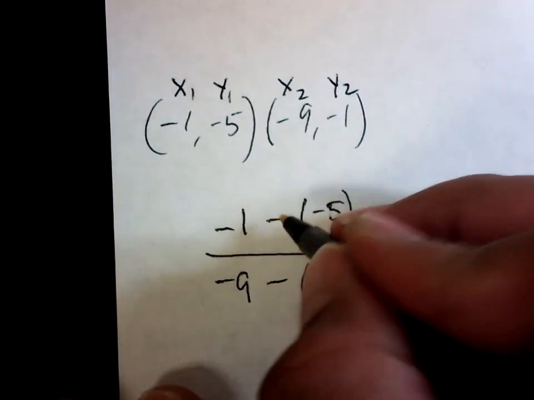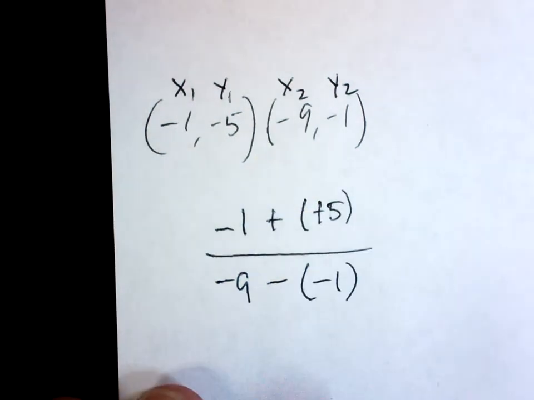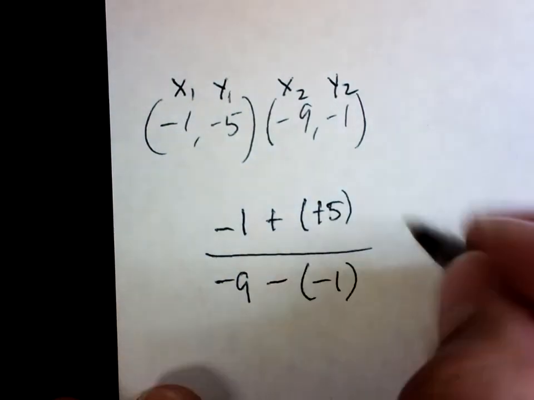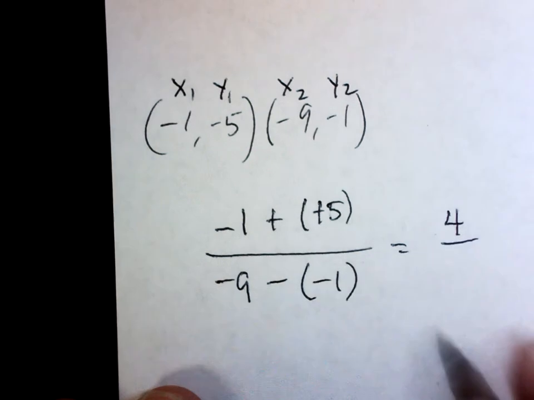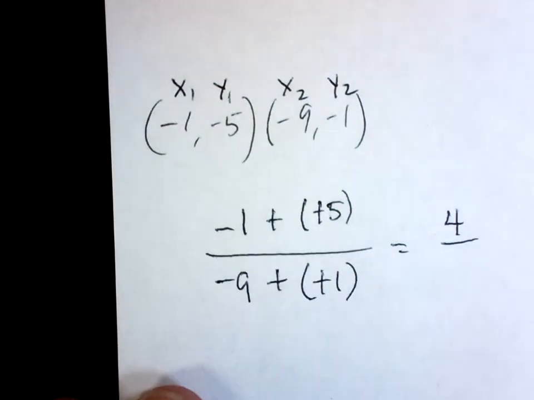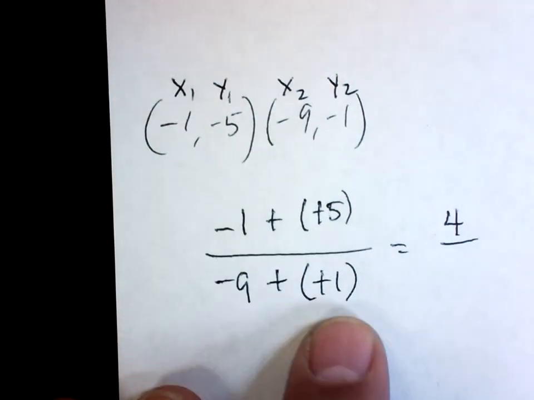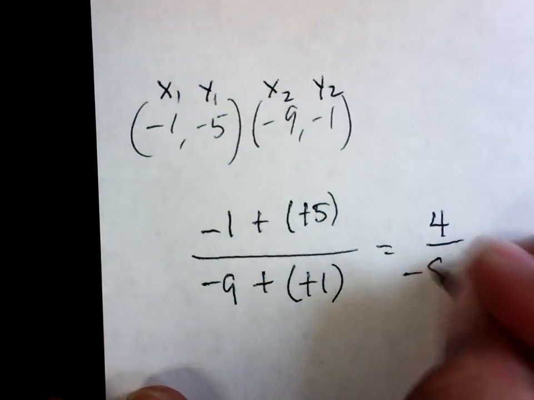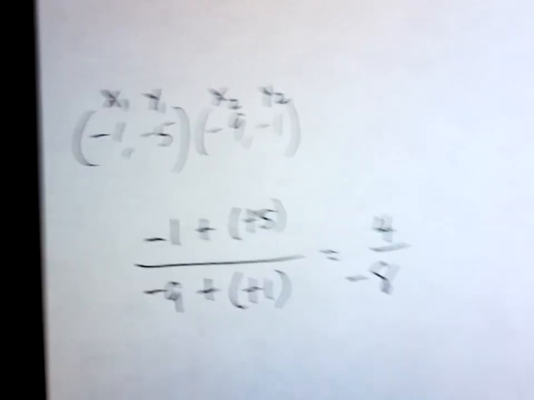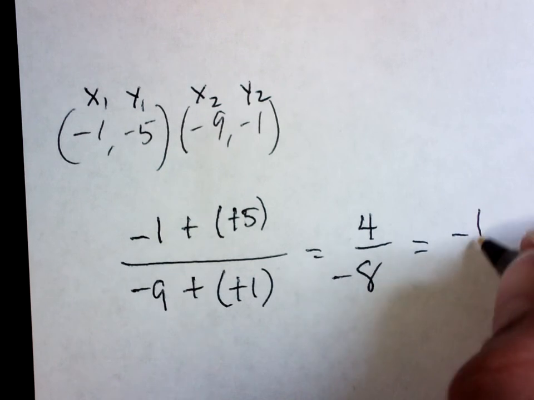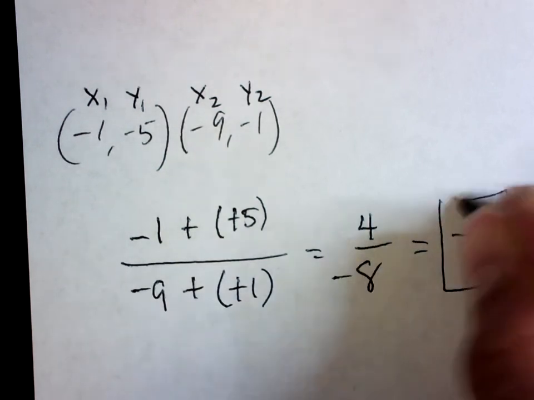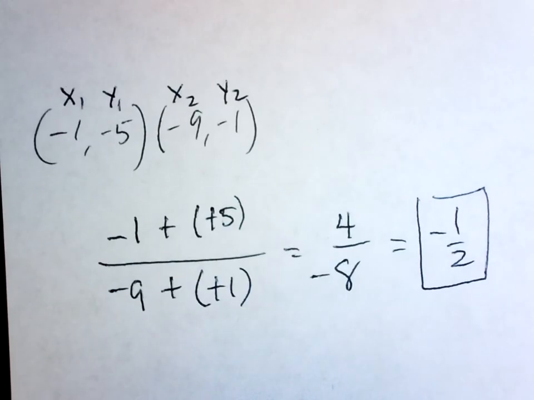Okay, so on the top, minus means plus. So negative 1 plus 5 is 4. Minus means plus. Negative 9 plus 1 is negative 8. So 4 over negative 8 reduces to negative 1/2. You must reduce your fractions.